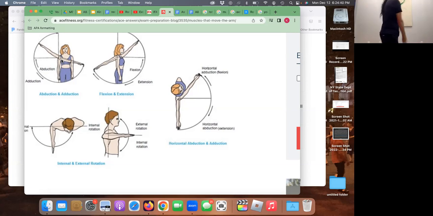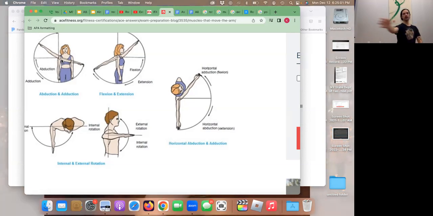So this is a lot like, what movement is this like? It's kind of like a golf swing, right? Or maybe using a scythe to whack the weeds. And then the other motion is like this, right? So they like to be really specific.